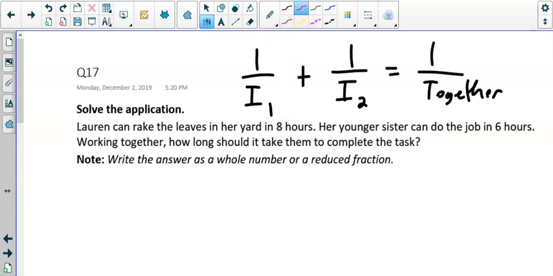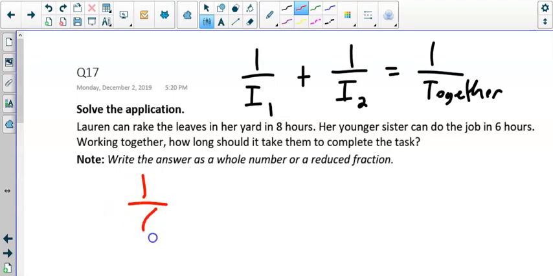So, if I read this problem, it says, Lauren can rake the leaves in her yard in 8 hours. Her younger sister can do the job in 6 hours. Working together, how long does it take them? Just like what I said a moment ago. So, 1 over, talk to me about the first person. 8.